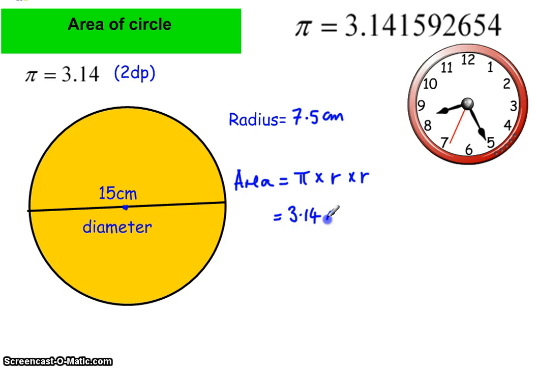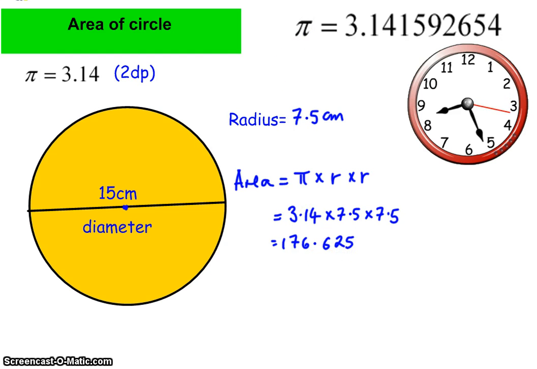So we multiply it by 7.5 times 7.5. When you input this value into your calculator, you should get 176.625.